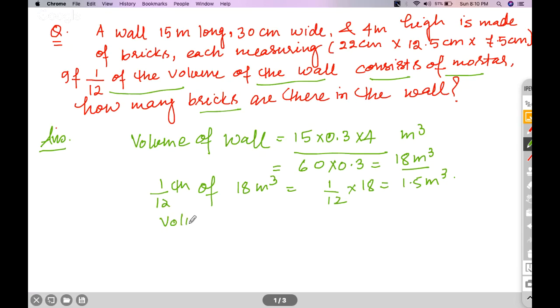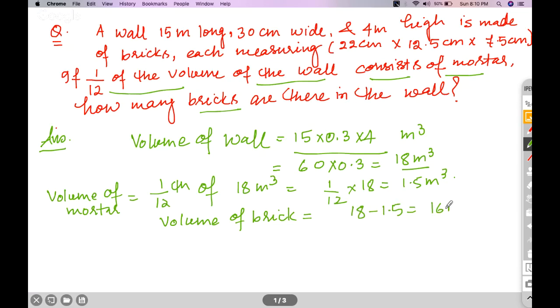This is the volume of mortar. So volume of brick would be 18 minus 1.5, which is equal to 16.5 meter cube. Now let me find out the volume of one brick.